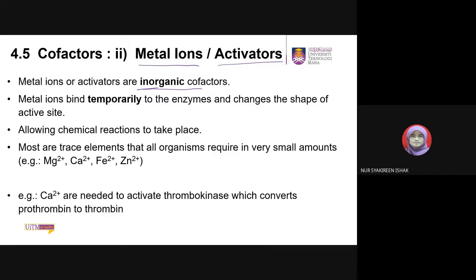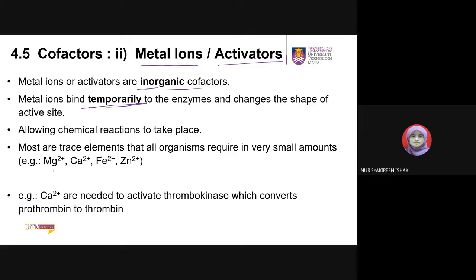The metal ion binds temporarily to the enzyme and changes the shape of the active site, allowing the chemical reaction to take place. Most are trace elements that all organisms require in really small amounts.